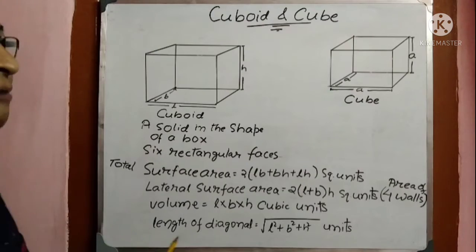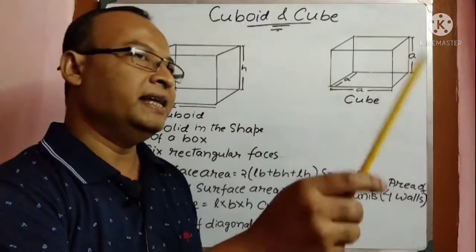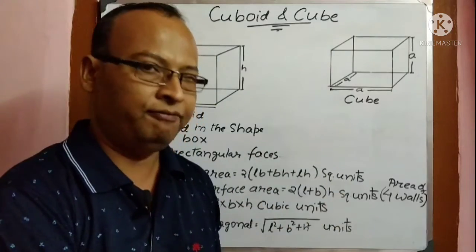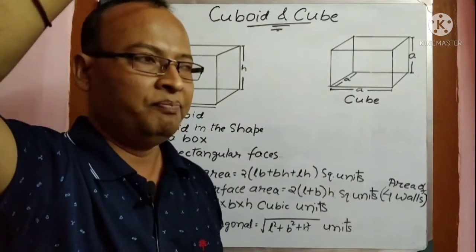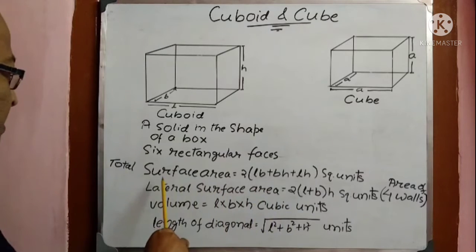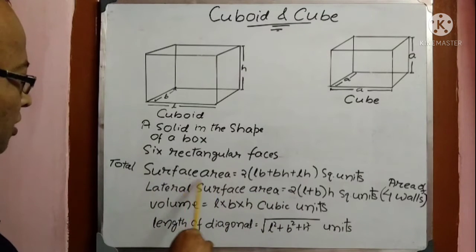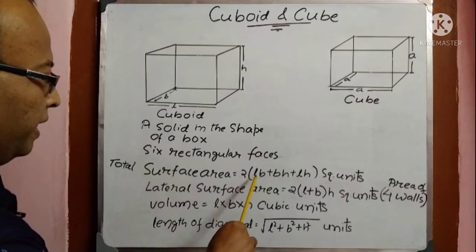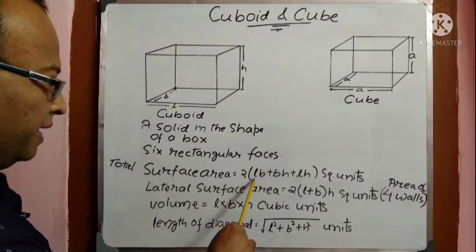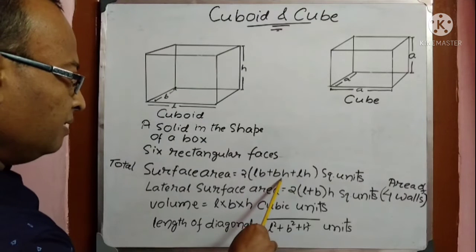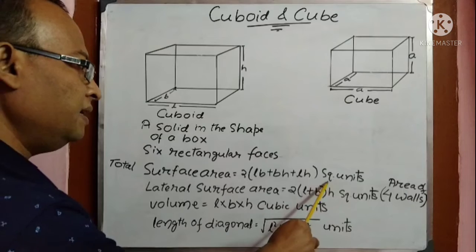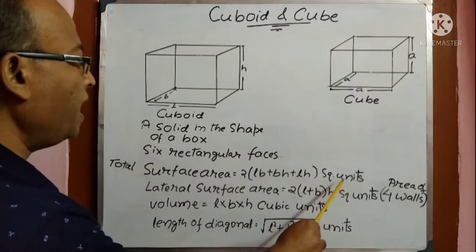That means you have to calculate the area of 4 walls, area of floor, area of top. So that is the total surface area. It is given by 2 into, put a bracket, length into breadth plus breadth into height plus length into height, and definitely area, that is why square units.